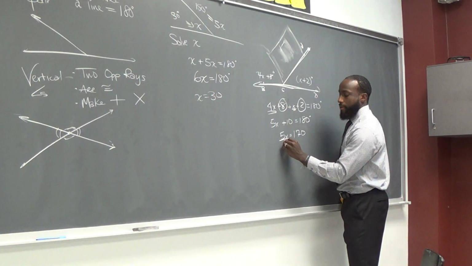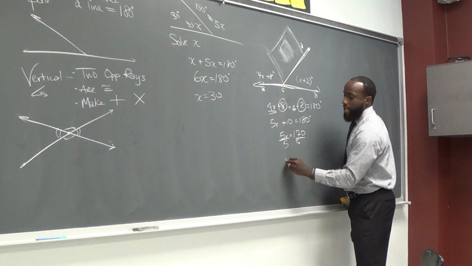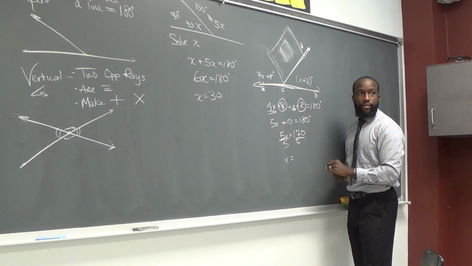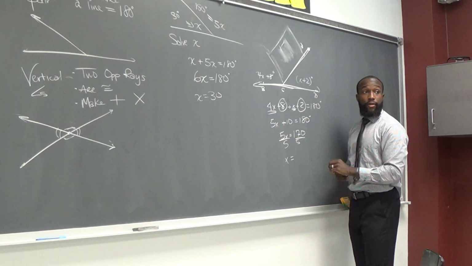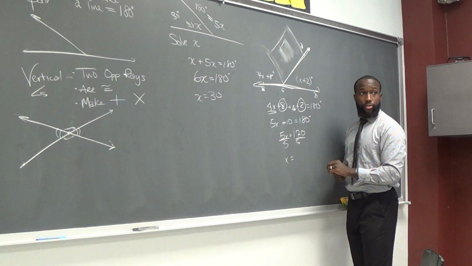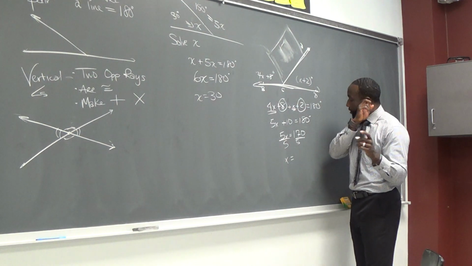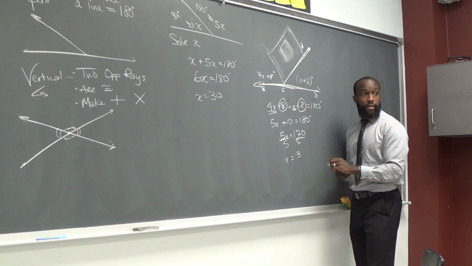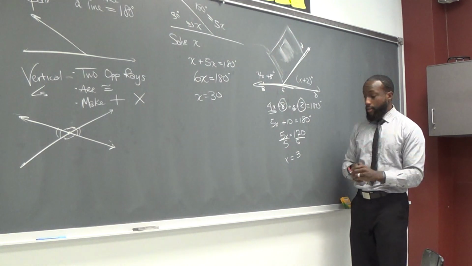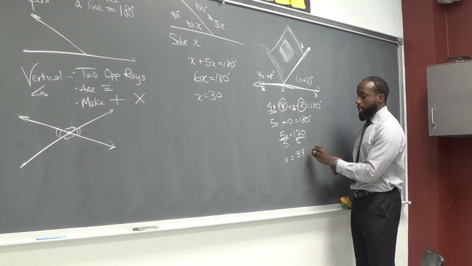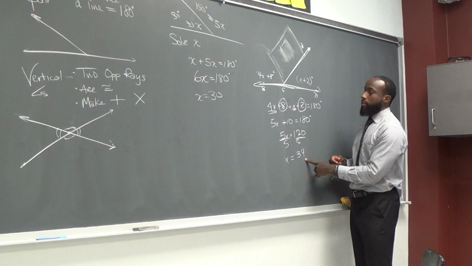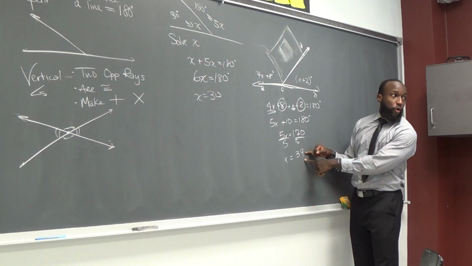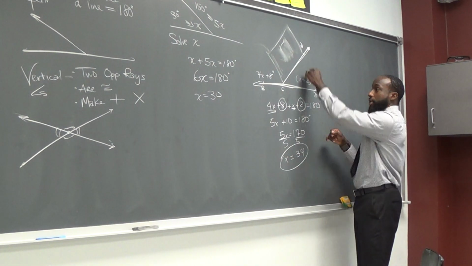Divide. X equals what? 34. You sure? 34, right? Yeah, 34. Alright, cool. So now we know if this is 34, we'll take this x and put it into here.